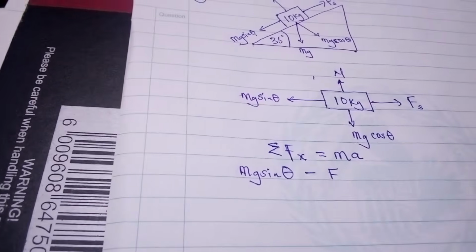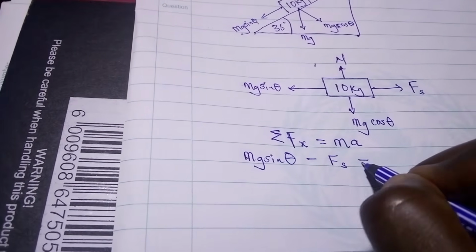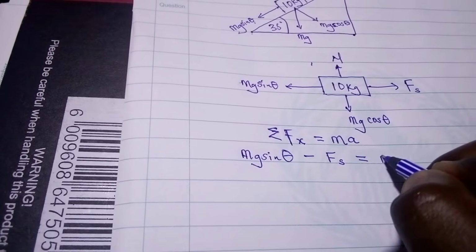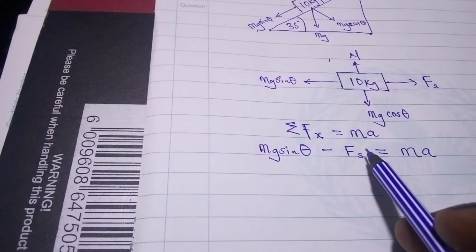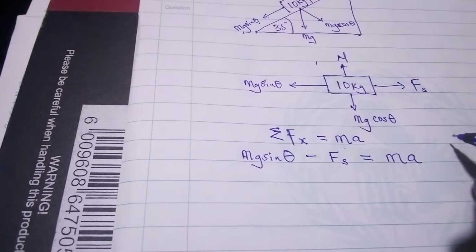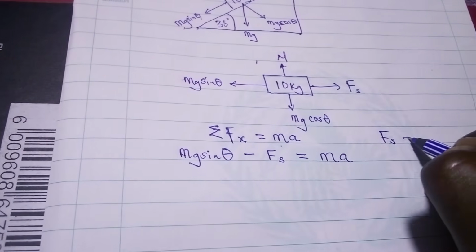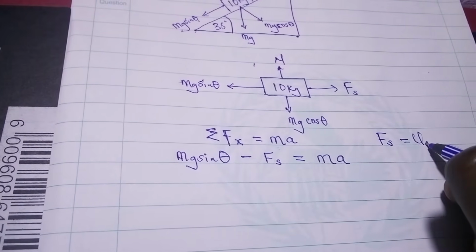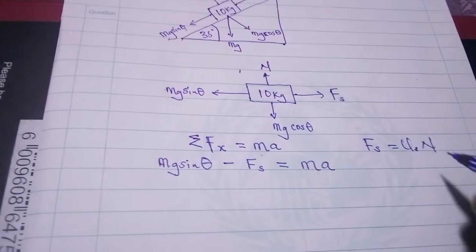So mg sin theta minus static friction is equal to ma. Now this static friction can be found by multiplying the coefficient of static friction mu s times the normal force.